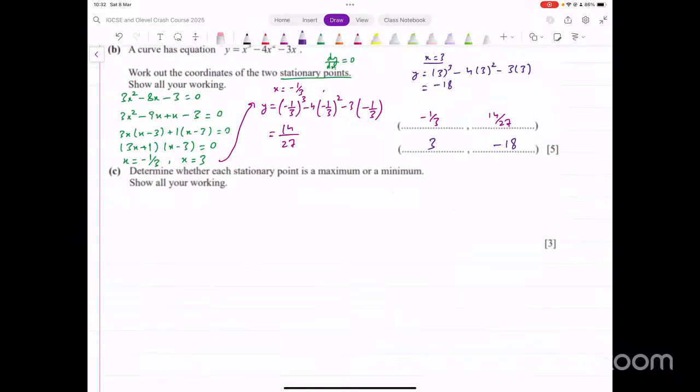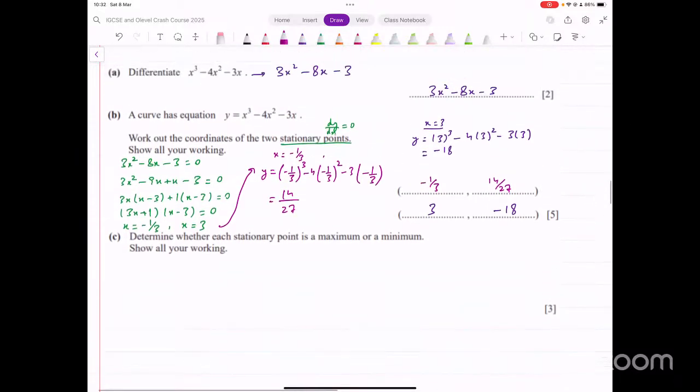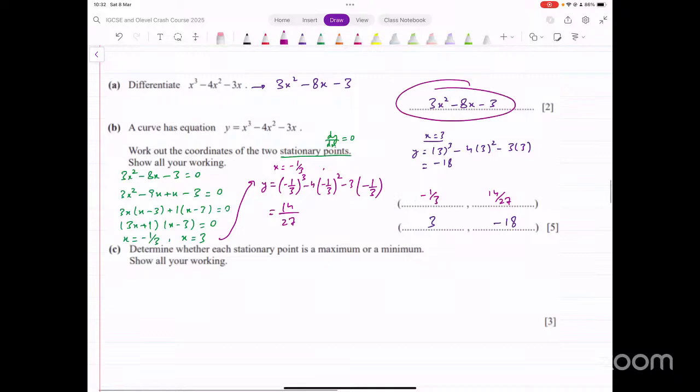Now it says determine whether each stationary point is a maximum or a minimum. How do we do this now? Maximum or a minimum? We have to use the second derivative for this, right? We have the first derivative already. We found that here. This is the first derivative.